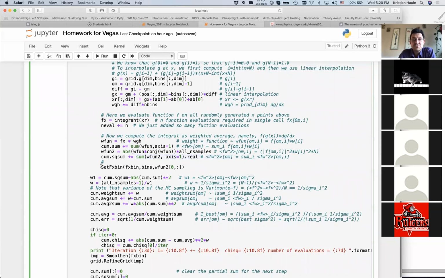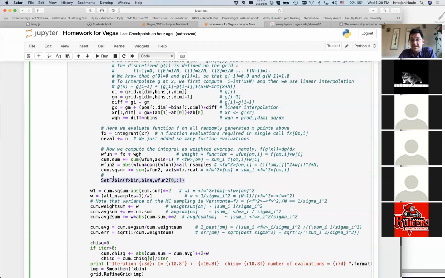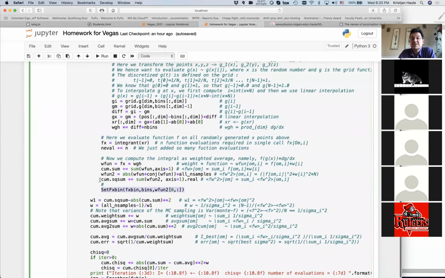Then this is the very crucial step: when I set the f-twiddle functions, which are going to be used for the new grid, I take only the zero frequency value of this V fun 2. Okay, so this is f square. So this quantity V fun 2 is f square, isn't it?